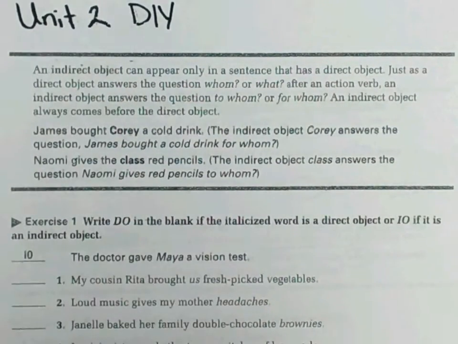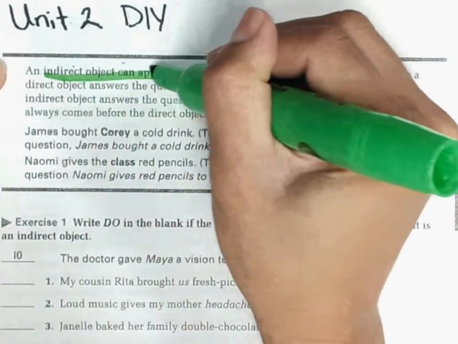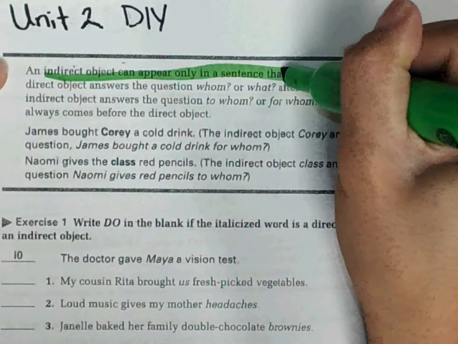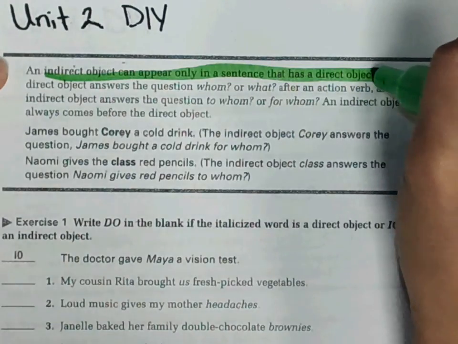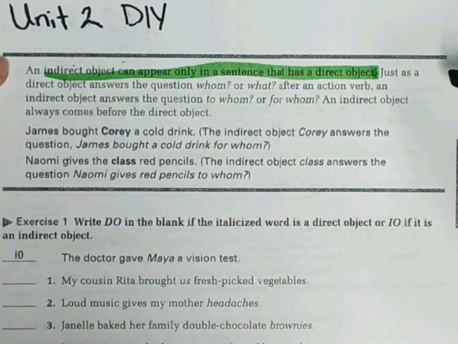Alright, on this next page, we're going to be looking at indirect and direct objects. So, an indirect object can appear only in a sentence that has a direct object. In other words, if the sentence does not have a direct object, it will not have an indirect object either.